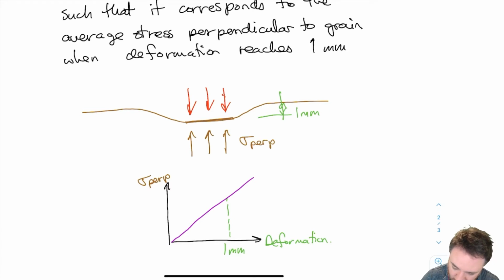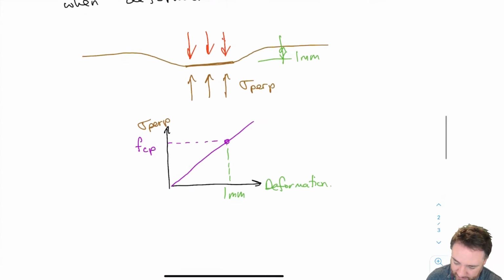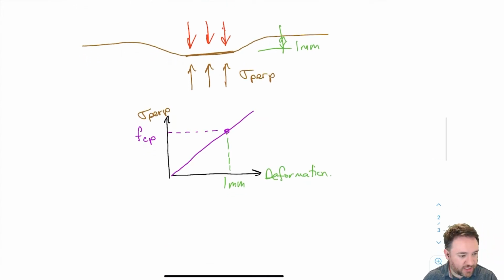And at that point, we're going to define that when it reaches that point of 1 millimeter, our stress perpendicular is equal to our defined failure stress for compression perpendicular, FCP. And FCP is the value that we're going to get from our table. So if we look at these equations, that's kind of the simple way to think about it, but then there's some other wrinkles in here that we are going to need to consider when we look at the strength.